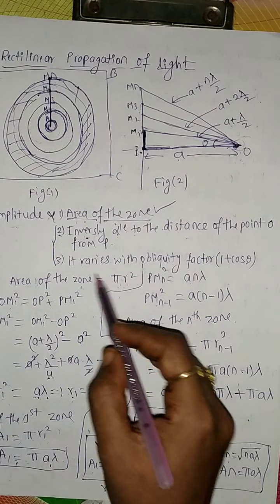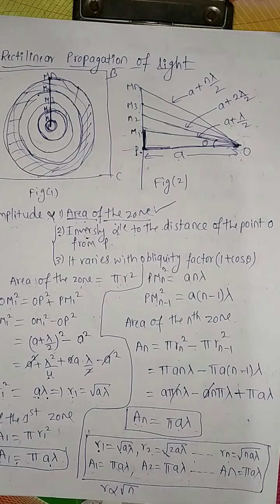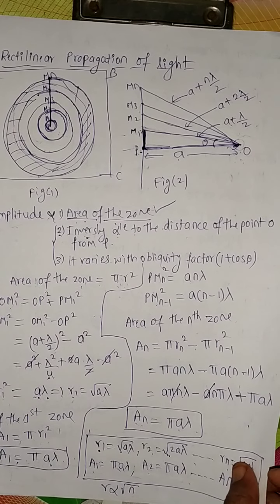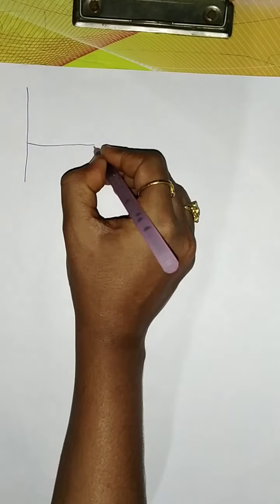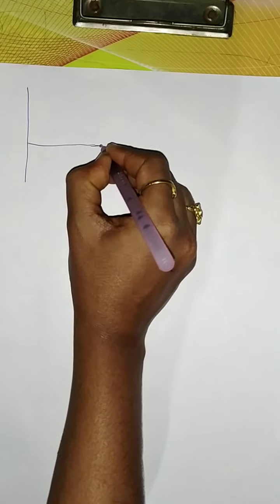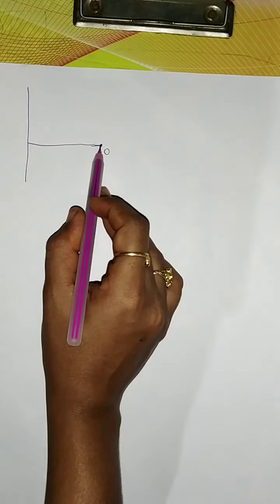And the third point, as I said, is that it varies with the obliquity factor, that is 1 plus cos theta. So let's talk about that. See here, due to the zones, light is going to reach point O, which is the point where we are going to find the amplitude. Here all the rays are meeting.